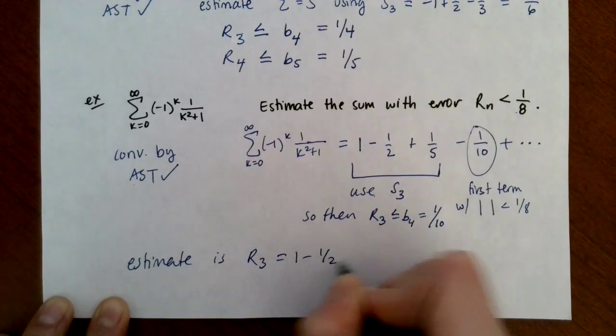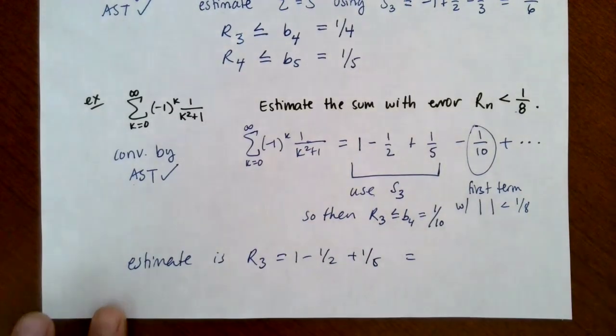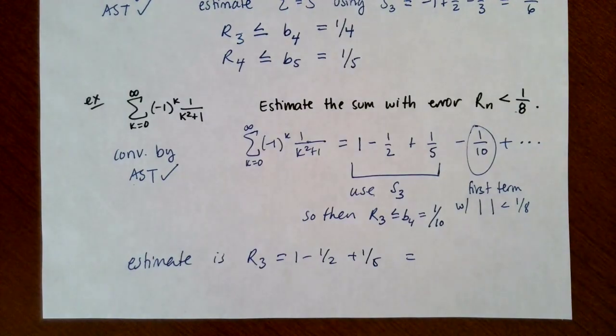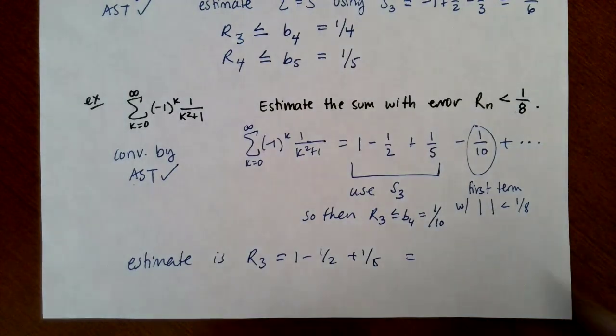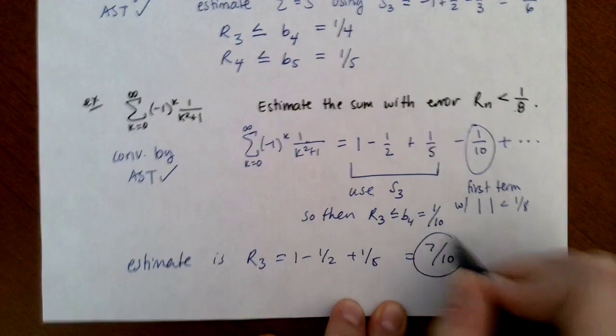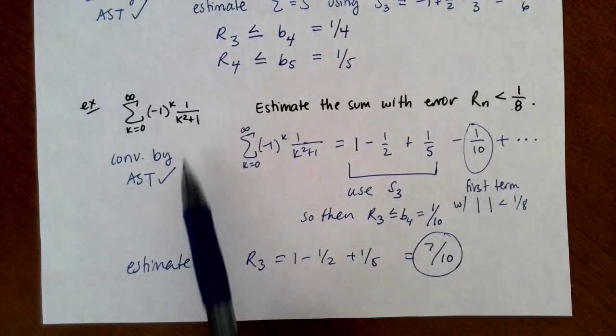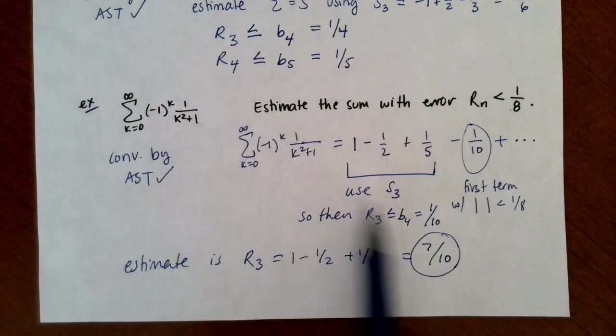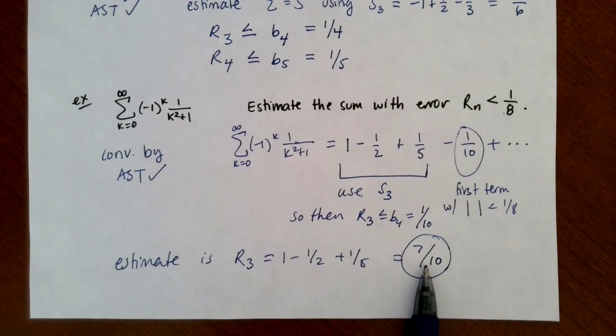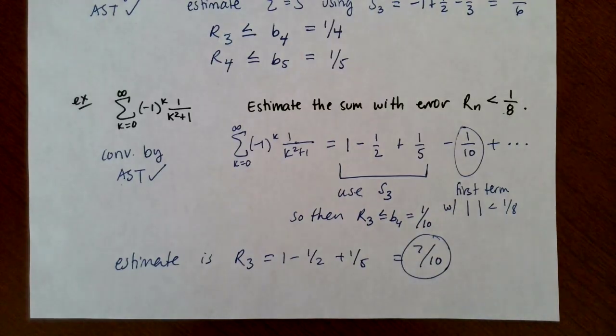That's 1 - 1/2 + 1/5, and if we make a common denominator, we should get 7 out of 10. This is an estimate of the full value of the series, and I know from this formula that the error in this estimate is strictly less than 1/8 as desired.